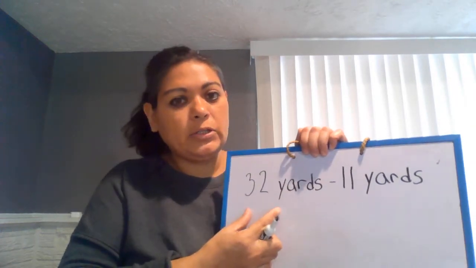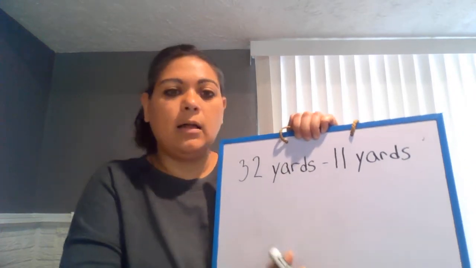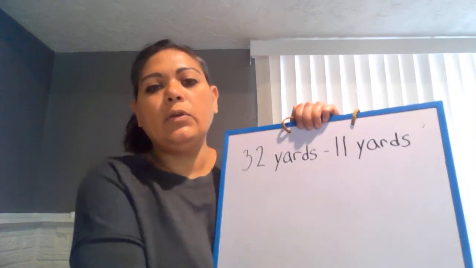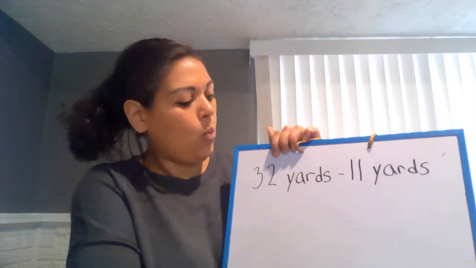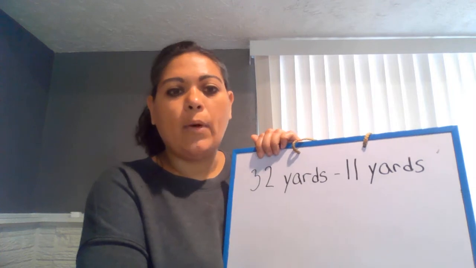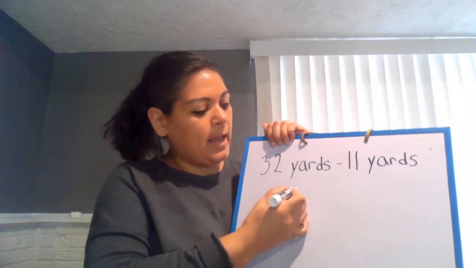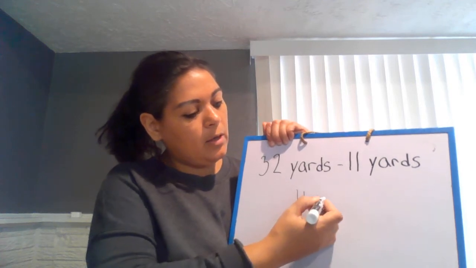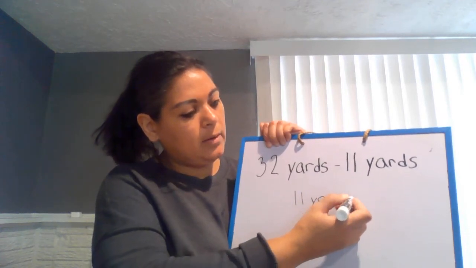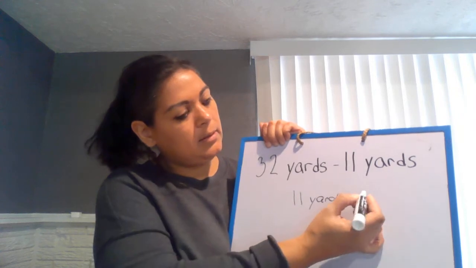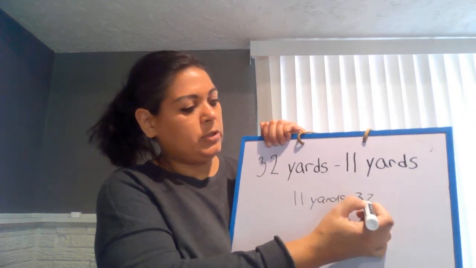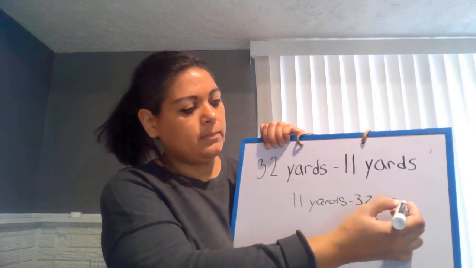So we have 32 yards minus 11 yards. And if you notice when we subtract, what group is always going to be in front? Why can't I have 11 yards minus 32 yards?